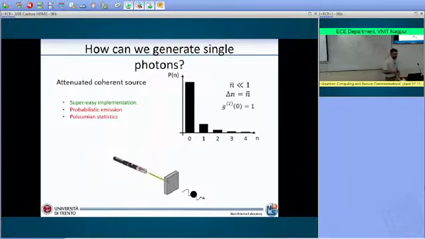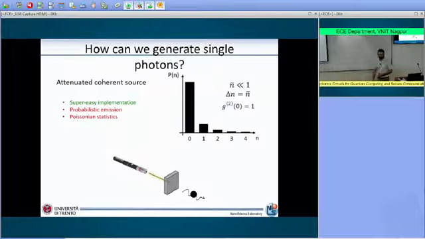The green are the advantages, the red are the disadvantages. The big advantage is that this is a super easy implementation. You can do it in any lab. You take a laser pointer, and you attenuate it to the level where you are able to distinguish all the single photons that are coming.